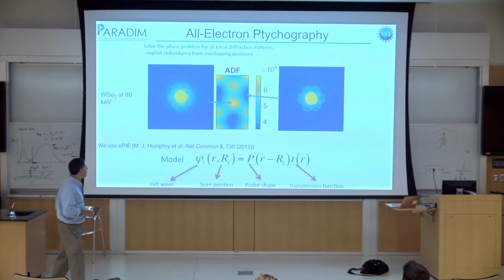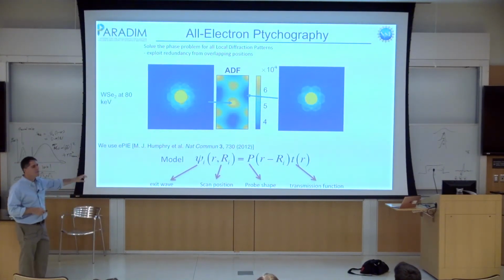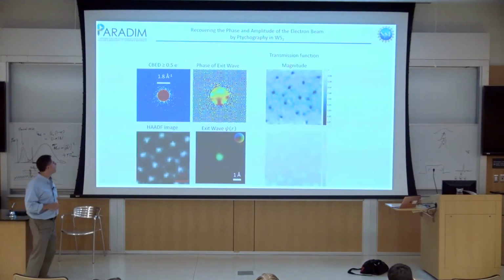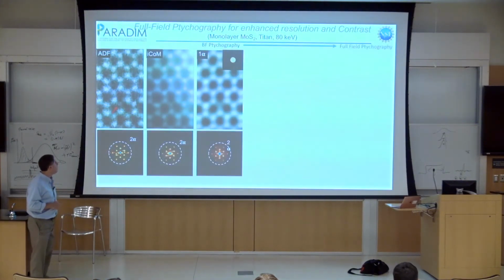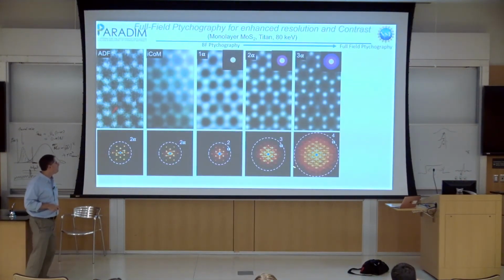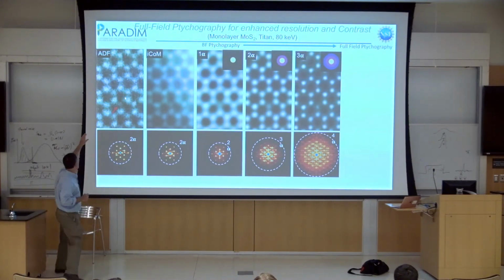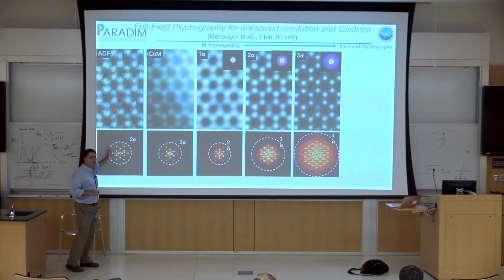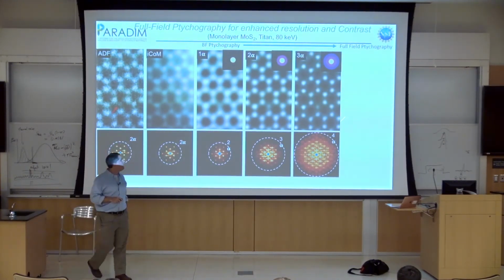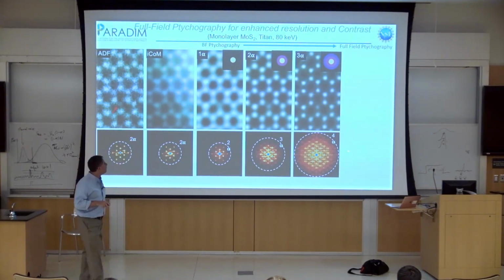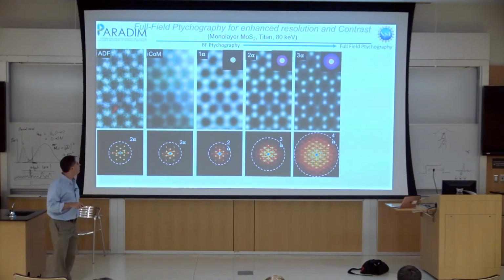But if you have the full diffraction pattern, you can phase it, and you can solve and improve the resolution of the microscope well beyond the diffraction limit of the instrument. So over here is the annular dark field image, which is running at twice the cutoff angle of the aperture because it's the square of the wave function. And then here is some early data where we've pushed out our information limit to 4 times the aperture size.